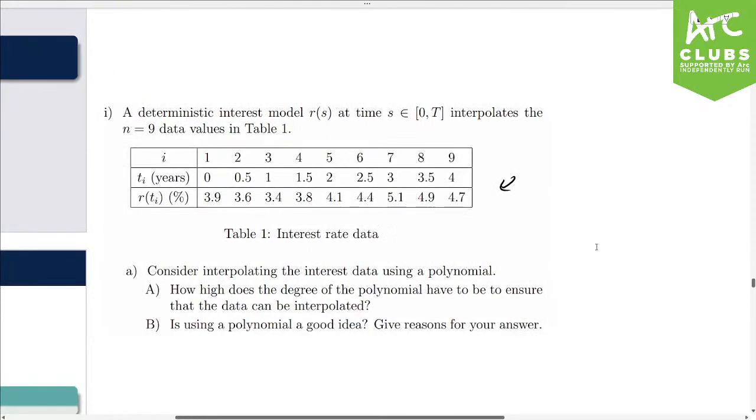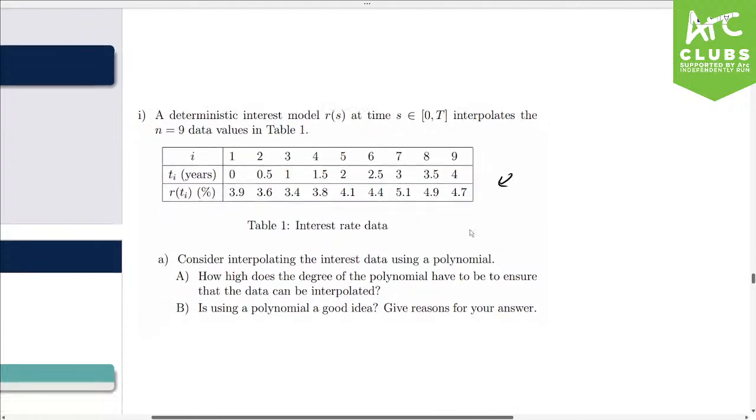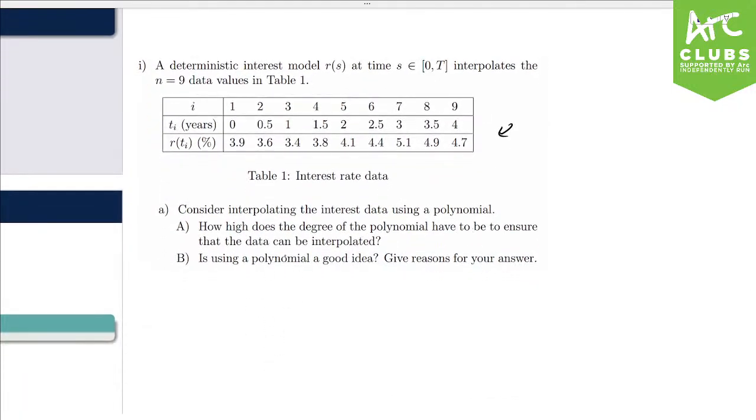So here we have 9 pieces of information, so that means we need 9 predictors in our model. So those 9 predictors would be 1, x, x squared, and so on. And since we need 9 of them, our last term should be x to the 8. So our polynomial will be degree 8.